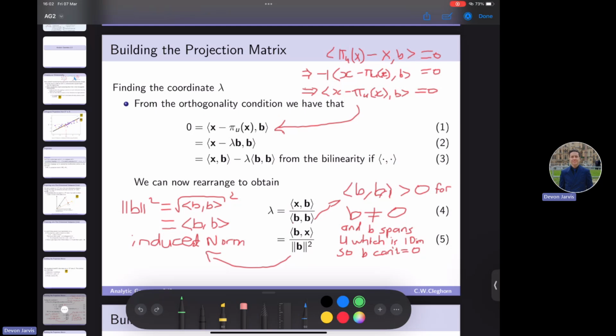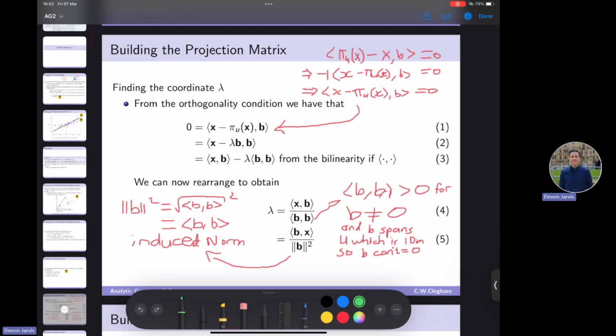That's the start of this process. I know that in terms of my inner product, the quickest way to get onto the basis is to move directly towards it and be orthogonal. So the difference between x before and after the projection, the red dotted vector, must have an inner product of 0 with the basis vector.